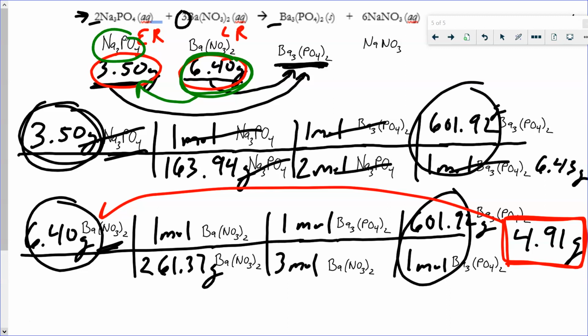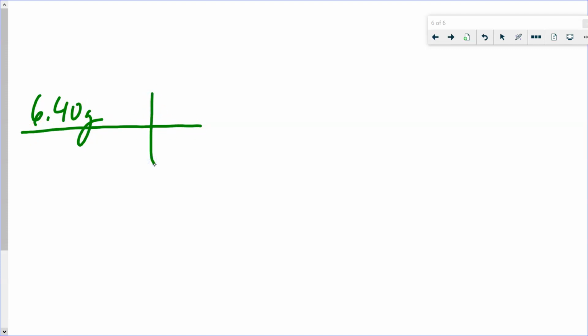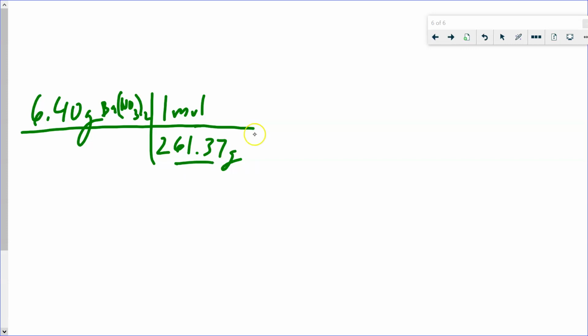All right, so let's set this up. We're going to start with our 6.40 grams of our limiting reactant. I'm going to use the molar mass here to go to moles, so grams of barium nitrate to moles of barium nitrate.